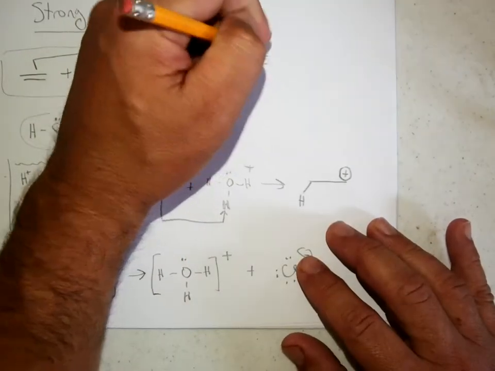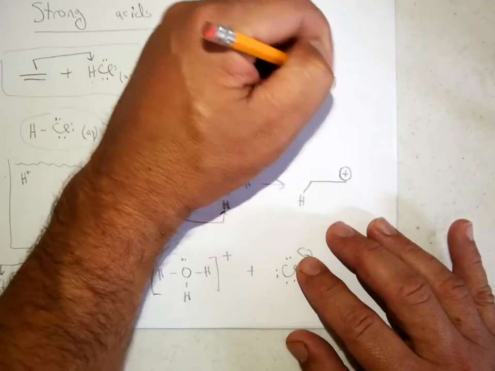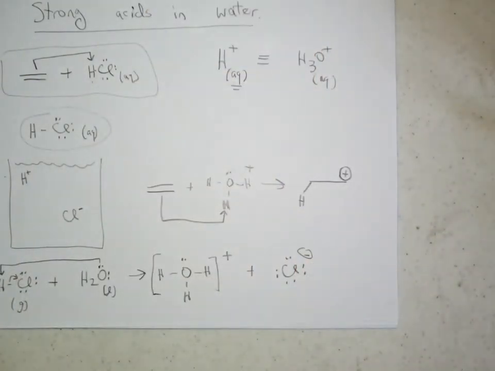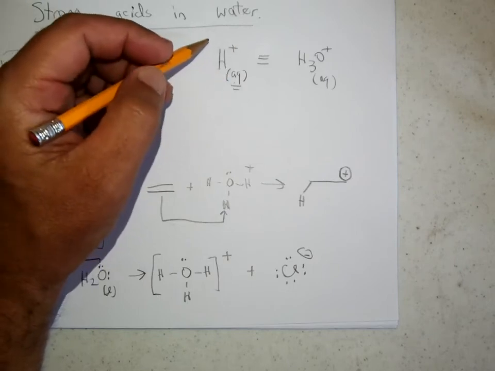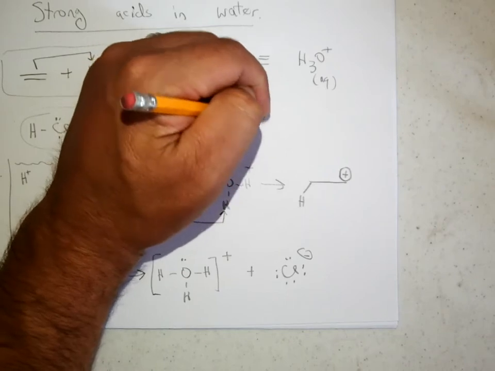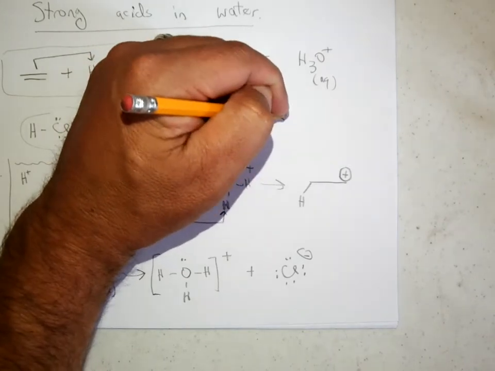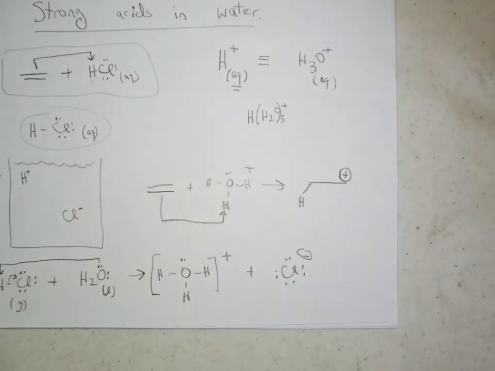It's essentially the exact thing as H3O plus, aqueous. And in reality, an H plus gets surrounded by about 5 water molecules. So some people would really write this as H2O 5 plus to try to show what the primary thing in solution is. That, of course, gets very complicated.